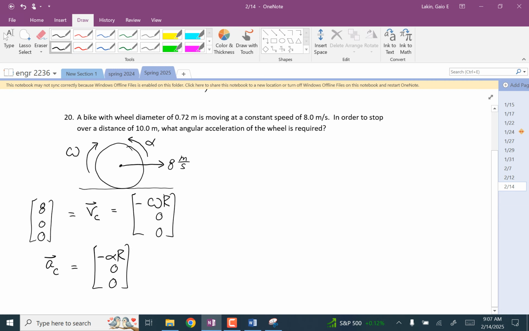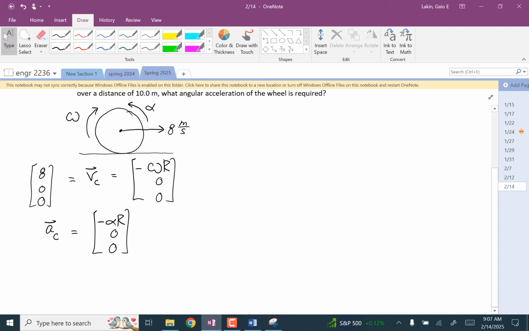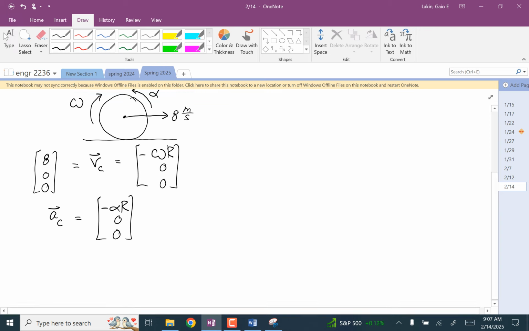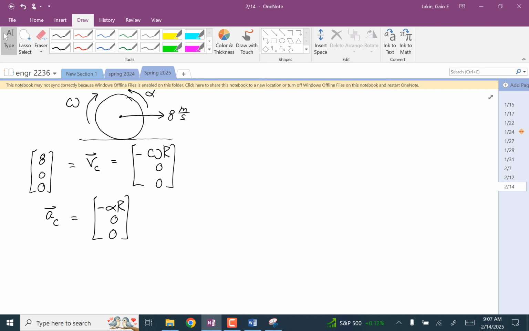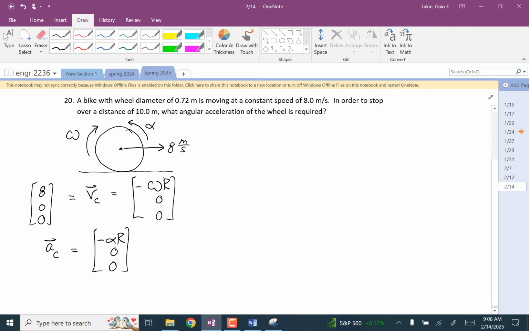And we can use the constant acceleration equations from physics to calculate the acceleration AC. You could even start with a constant acceleration A and do the differential equations and derive those, but I wasn't expecting you to do that.